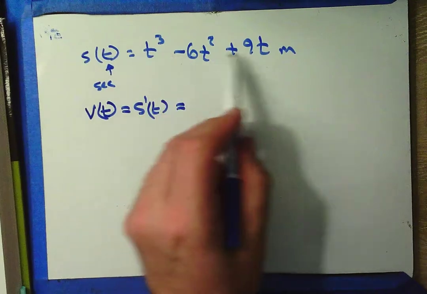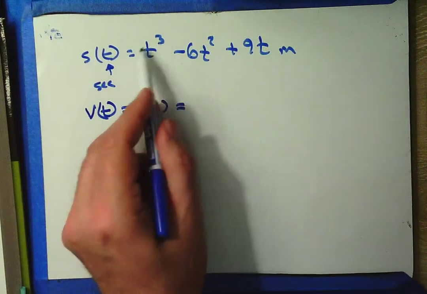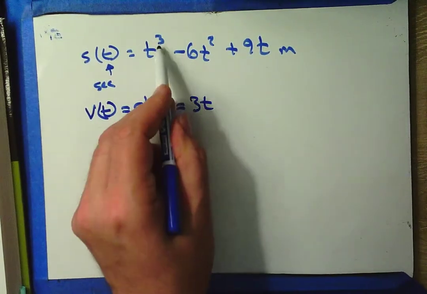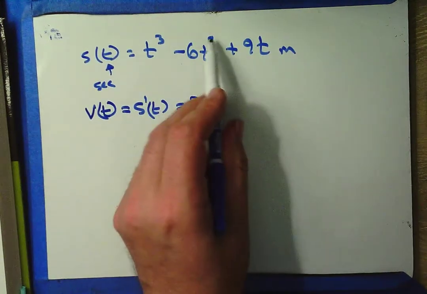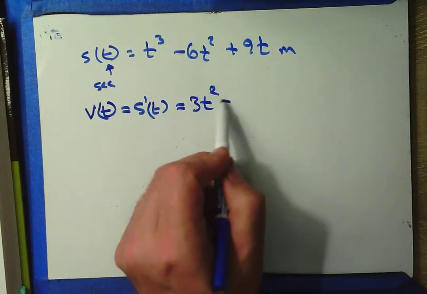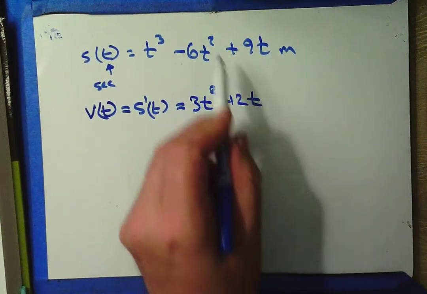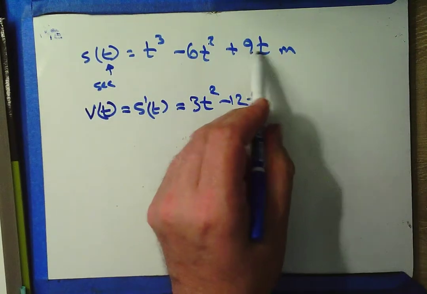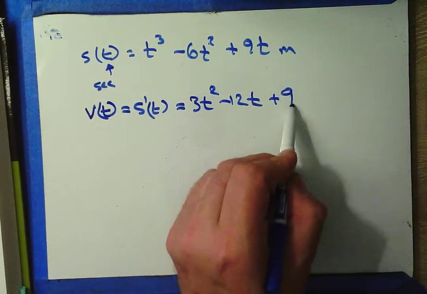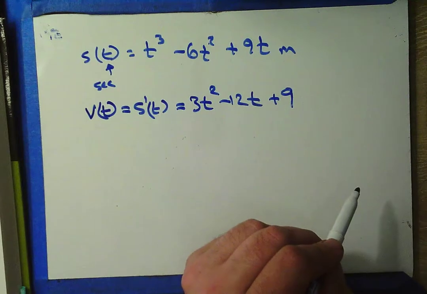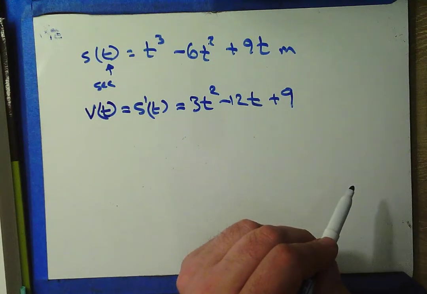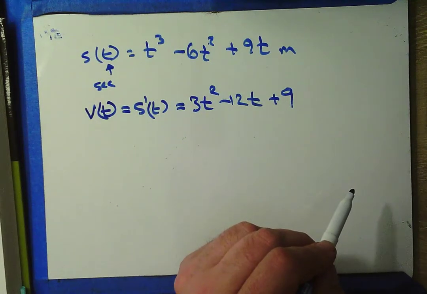And I'm going to use my polynomial shortcuts. I'll bring down the 3, and I'll subtract 1. I'll bring down the 2 and multiply it by the 6, and subtract 1. And the derivative of 9t is 9. So I'm looking for acceleration when velocity equals 0. Okay, so I've got to find when velocity equals 0.